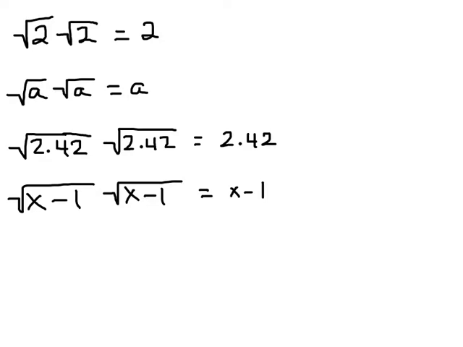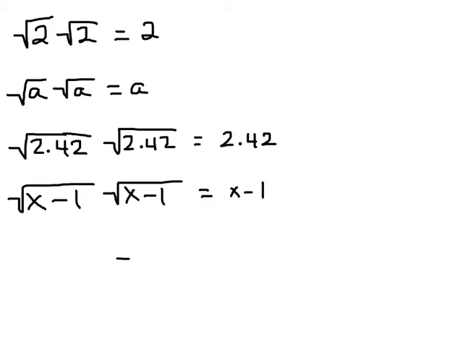So in that same line of thinking then, we have the square root of 2 times the square root of 2 is actually 2. The square root of a times the square root of a is actually a. And you can see, going on down, anytime you have the square root of a number that is not 0 times itself, then it's going to equal that number. Let me show you a little better example, I think.